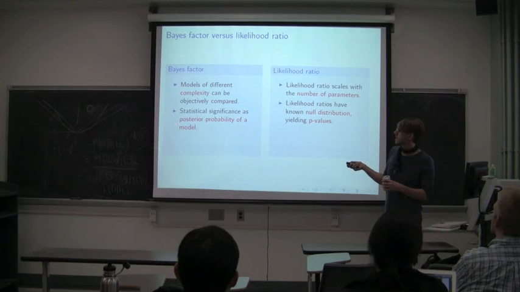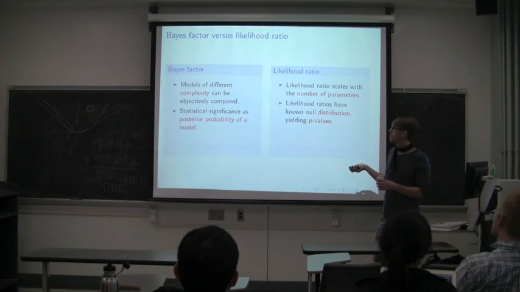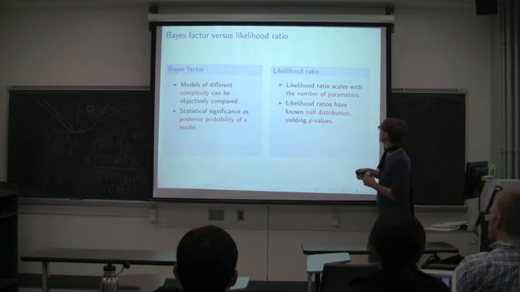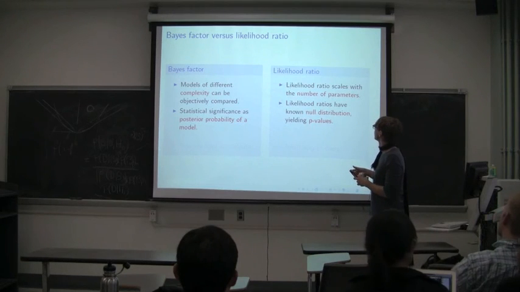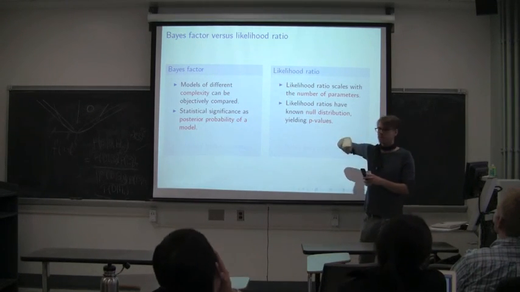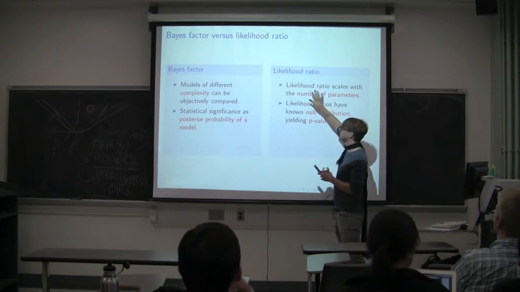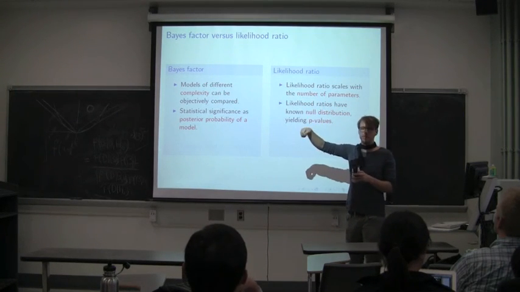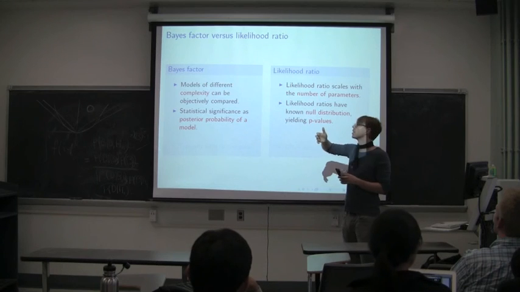And the statistical significance is just a posterior probability of the model. On the likelihood ratio, the number of parameters affects the likelihood ratio, so if you add more parameters, you will always get larger likelihood ratios.